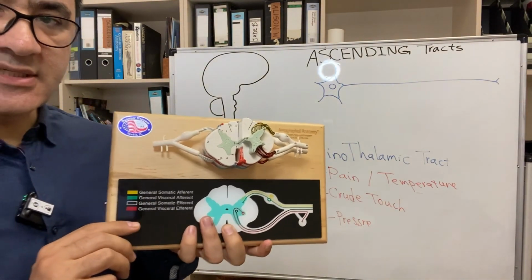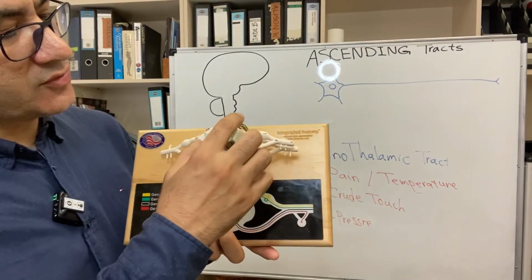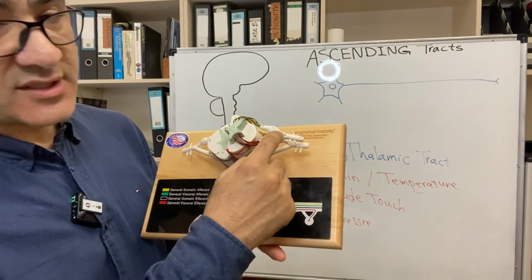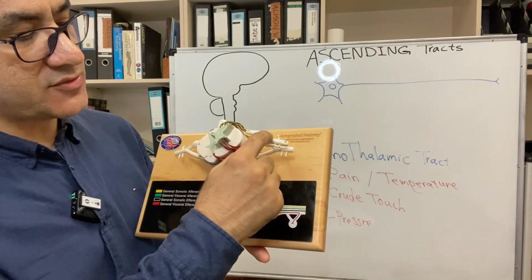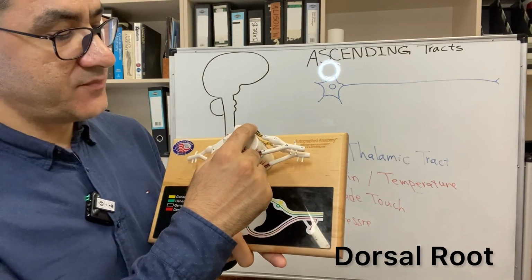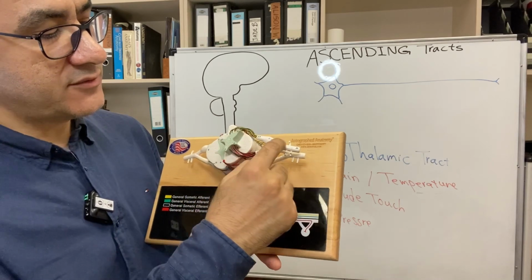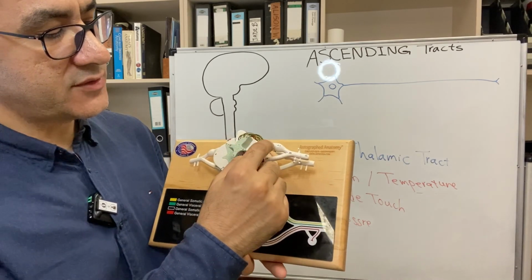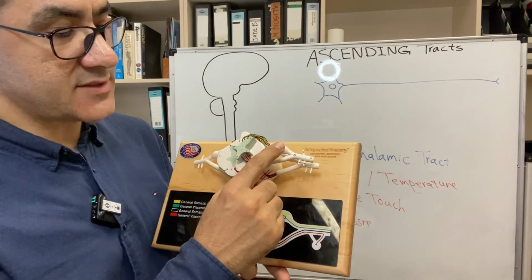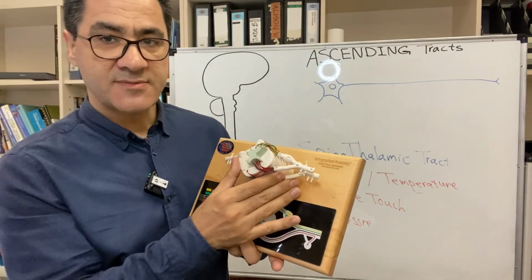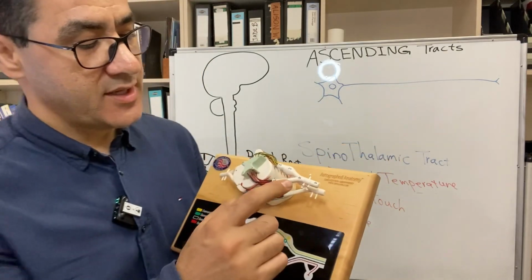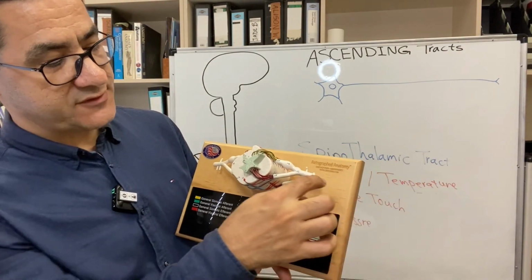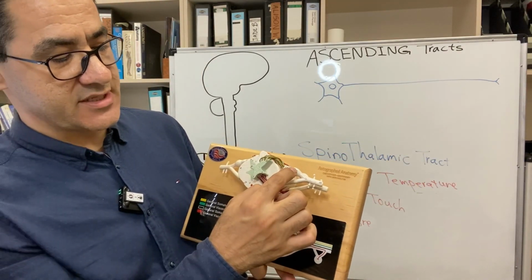You can see this model again. Here we have the ventral root, which contains the motor neuron, and this is the dorsal root. It contains sensory neuron. On the way of the dorsal root, there is a bulge here. It's called the spinal ganglion. I explained these details in my previous videos. Please watch it. So the first order neuron cell body is here.